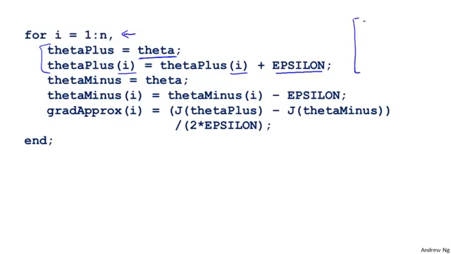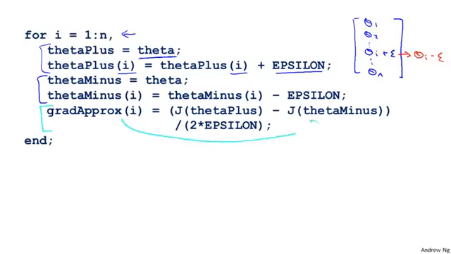So theta plus is equal to theta 1, theta 2, and so on, and then theta i has epsilon added to it, and then it goes down to theta n. So this is what theta plus is. And similarly, these two lines set theta minus to something similar, except that instead of theta i plus epsilon, this now becomes theta i minus epsilon. And then finally, you implement this, grad approx i, and this will give you your approximation to the partial derivative with respect to theta i of J of theta.